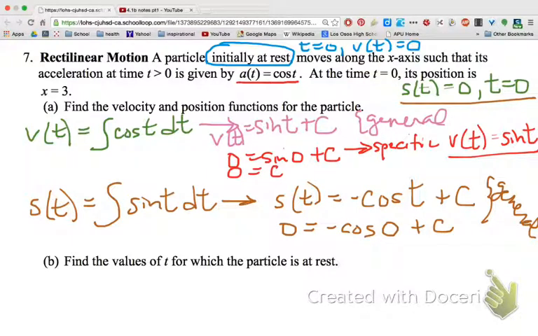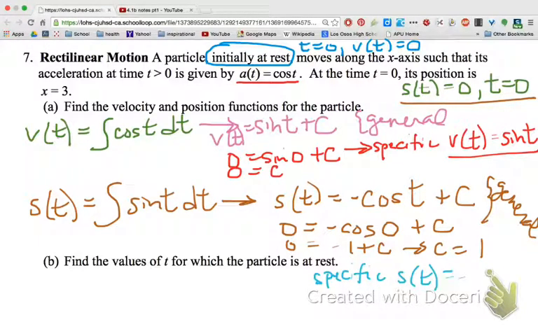And of course, cosine of 0 is 1, so that's a negative 1 plus c, which means c is 1. So my specific position is negative cosine t plus, did I solve that correctly?